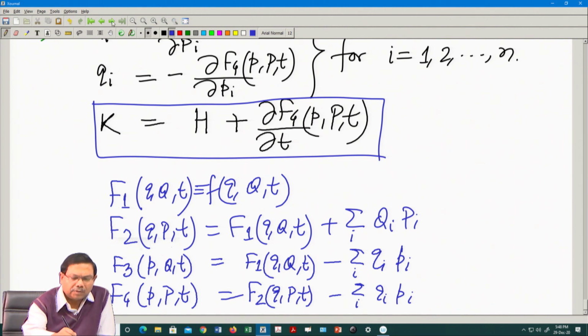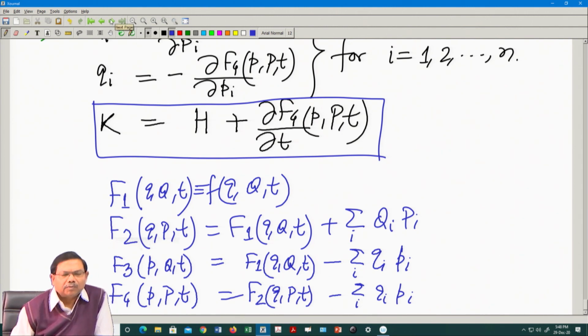We learned about transformations of phase variables such that the form of Hamilton's canonical equations remains invariant, and that is why these transformations are called canonical transformations.